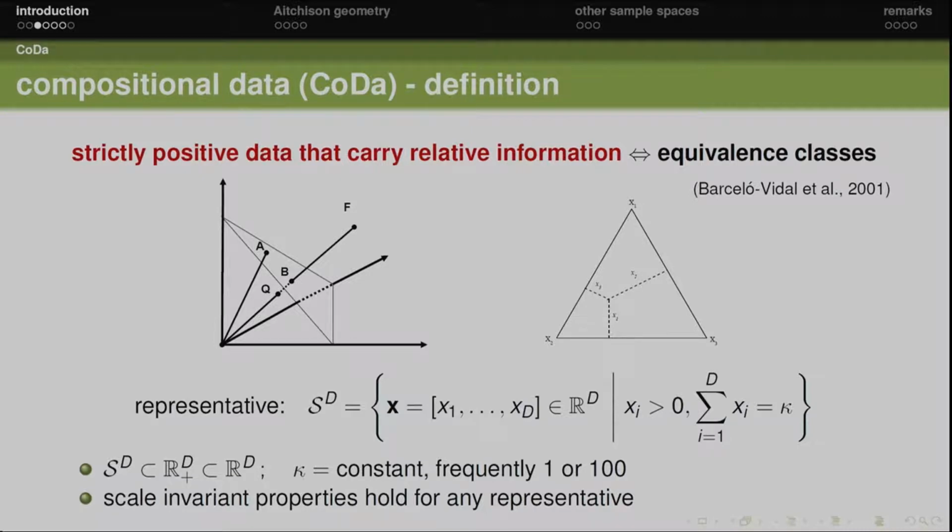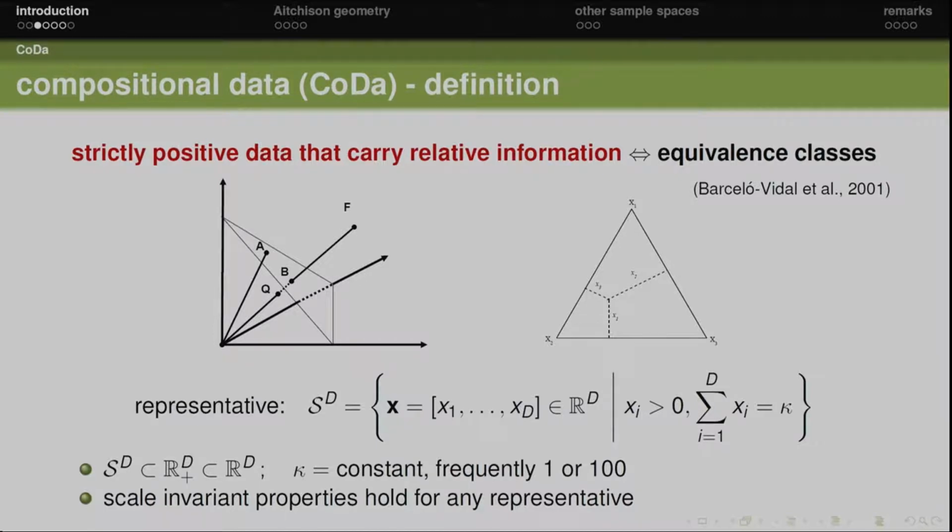Every line through the origin will give us an equivalence class. And from mathematics we know that if we work in equivalence classes, we can take a representative of each class, and whichever is proven for this representative will hold for the whole class.